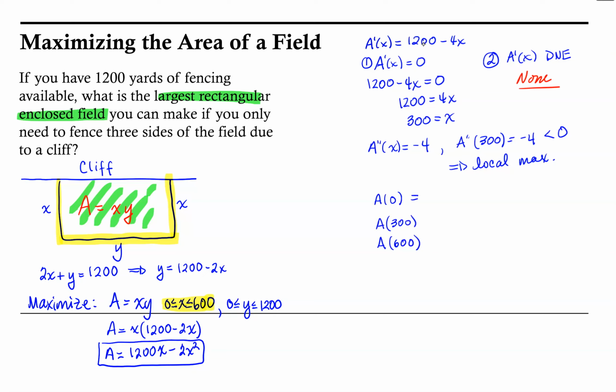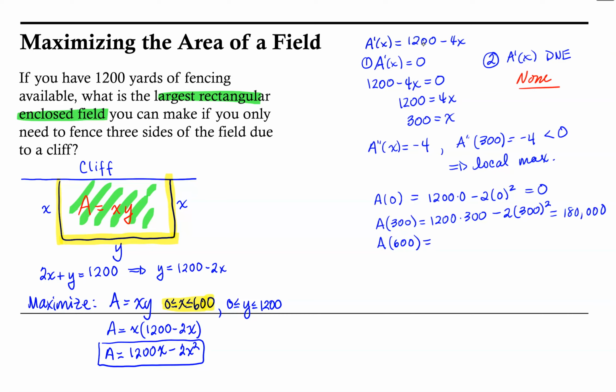Now, using our area function, we'd have 1200 times 0 minus 2 times 0 squared. That will equal 0. Using our area function for 300, we'll have 1200 times 300 minus 2 times 300 squared, which is 180,000.